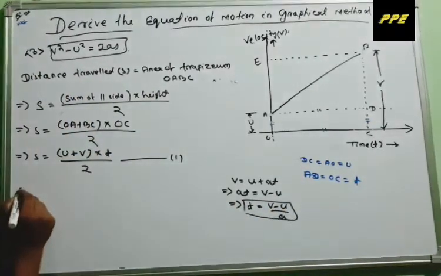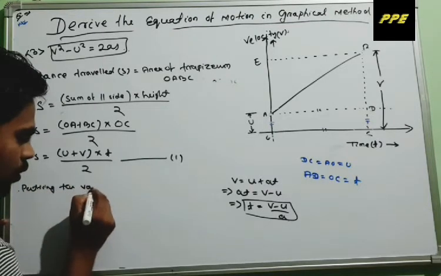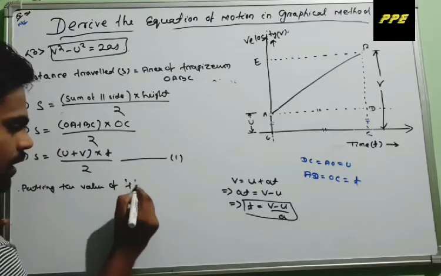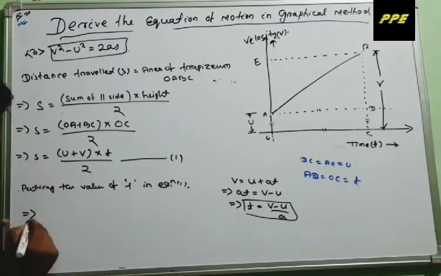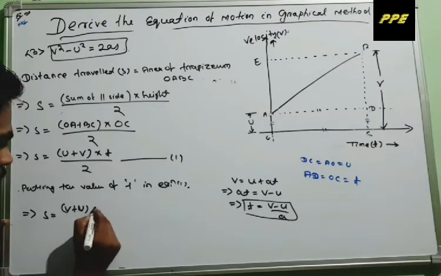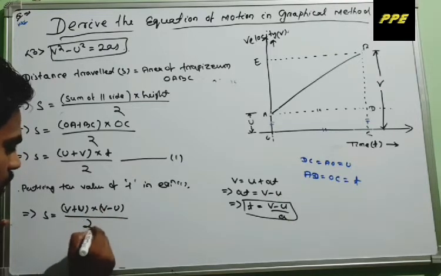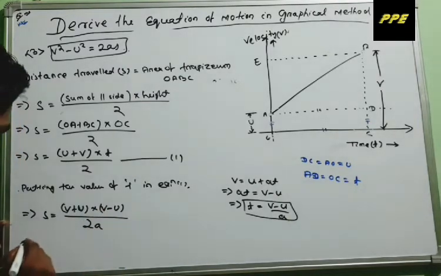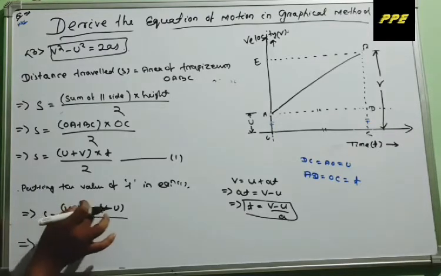Putting the value of T in equation 1, S is equal to V plus U into V minus U by A, divided by 2. Now that implies S is equal to, just see, a plus b into a minus b.